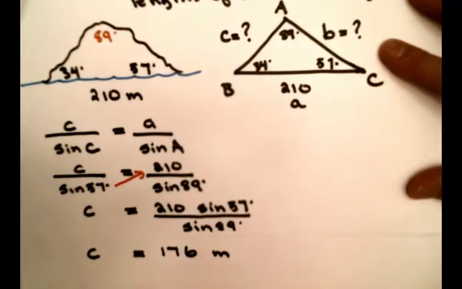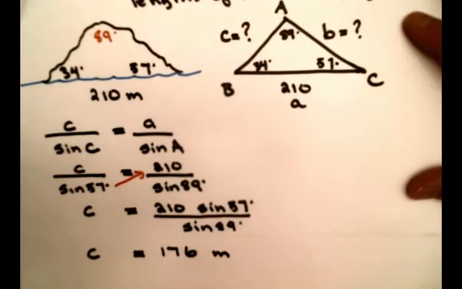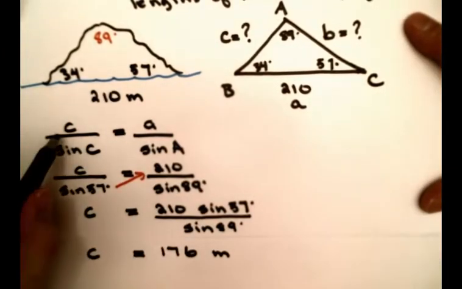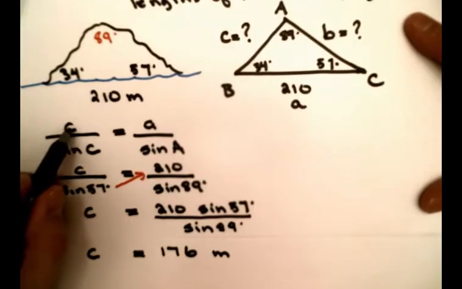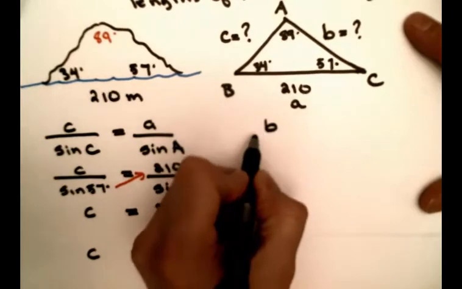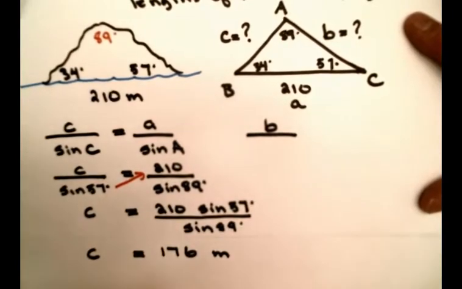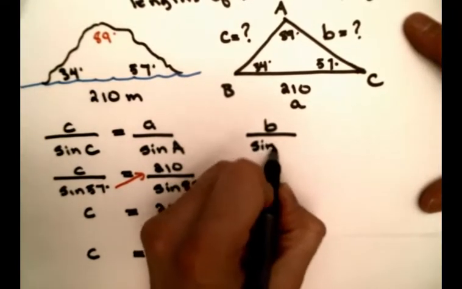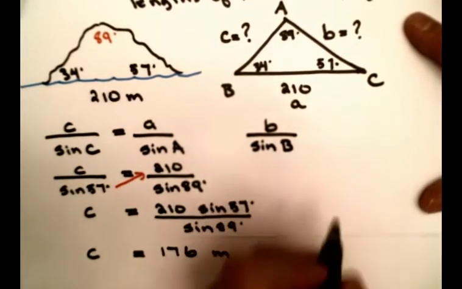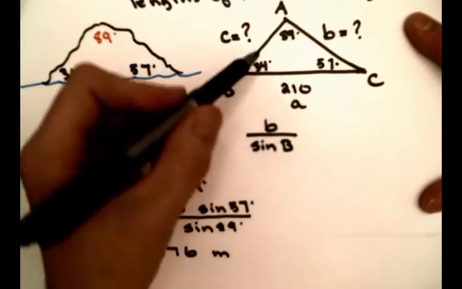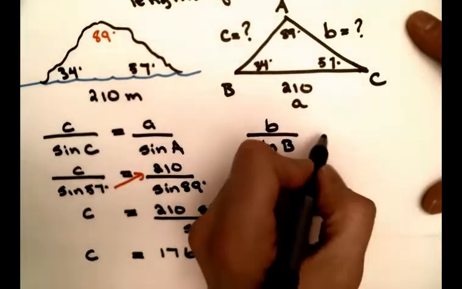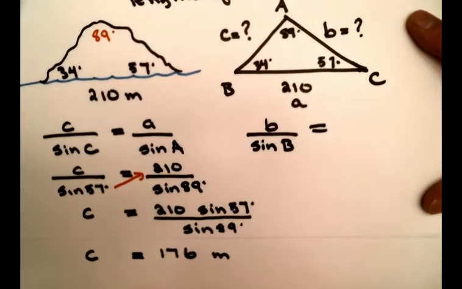Okay, to get the other unknown side, side B, you know you need to use the same style formula where you're putting the unknown side on top and the sines on the bottom. So B is unknown, and think about your sine formula. It's supposed to say sine and the corresponding letter, but uppercase, so sine capital B. And we actually don't know this side, but we do know the capital B angle of 34 degrees. Now you have to equate that to something.